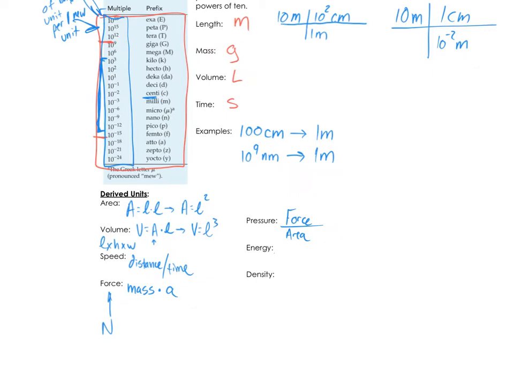Energy is essentially the ability to do work. The unit that we use for this is the joule. So the conversion is actually Newton meters is a joule. So the amount of force to move a given amount of distance. And then density is a mass over volume. We'll be using this one quite a bit to begin with, and throughout the semester.